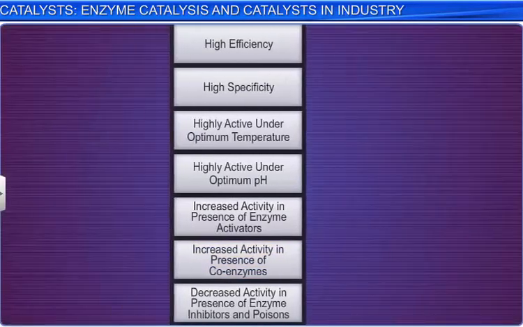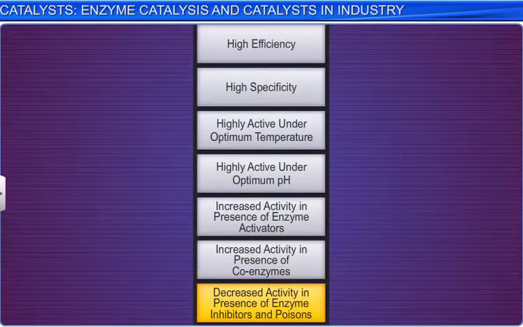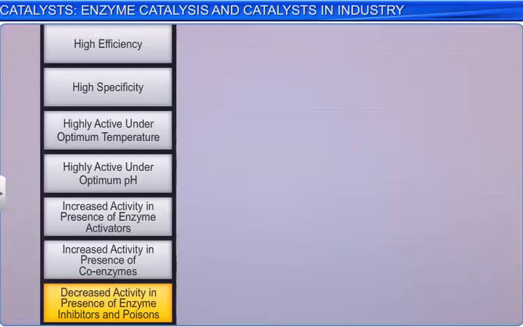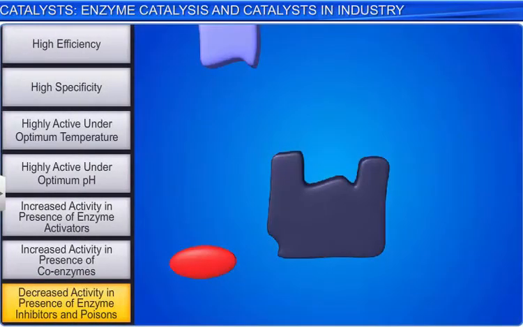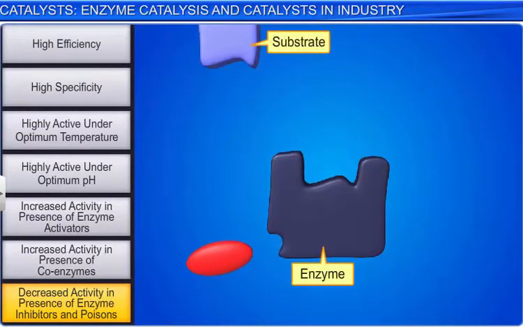The last characteristic of enzymes is the influence of inhibitors and poisons. Some substances slow down the activity of enzymes. These substances are called inhibitors or poisons.